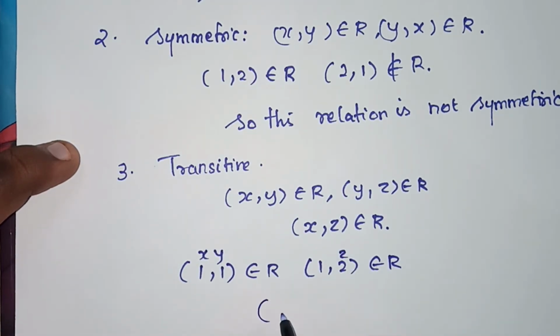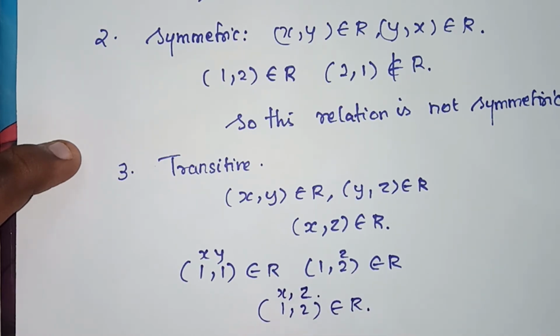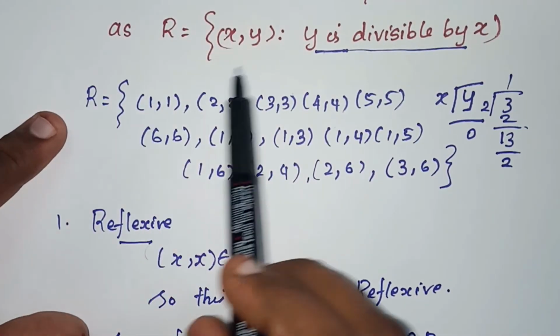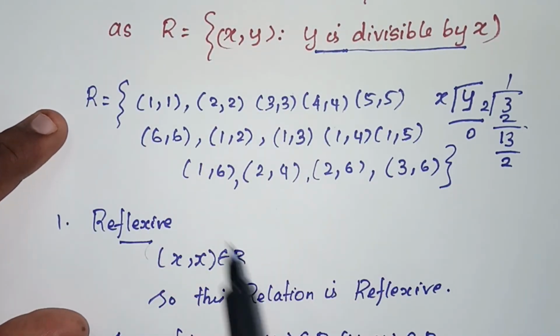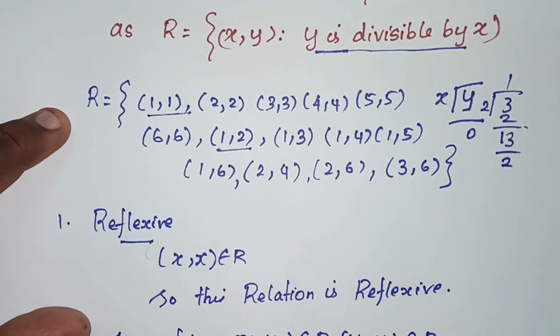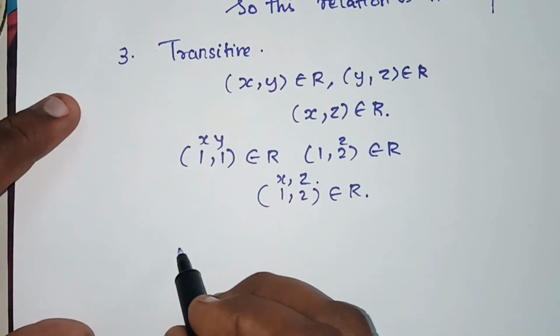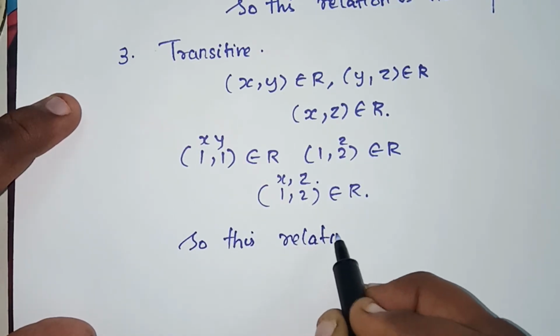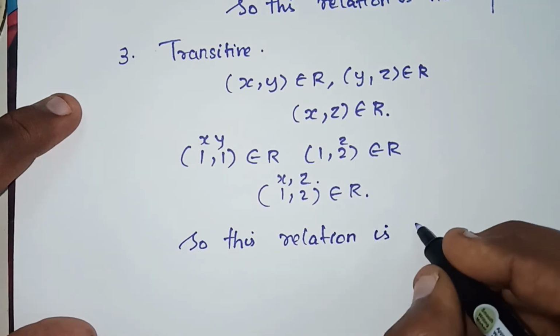So automatically (1, 2) also belongs to R, x and z, right? (1, 2) also belongs to this relation. (1, 2), (1, 1). So this relation is transitive.